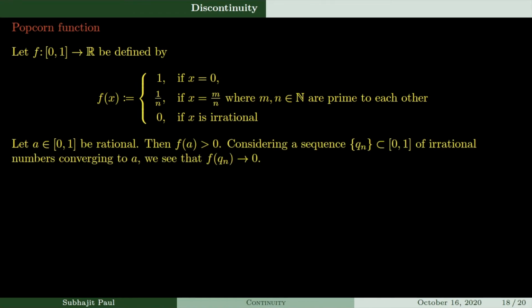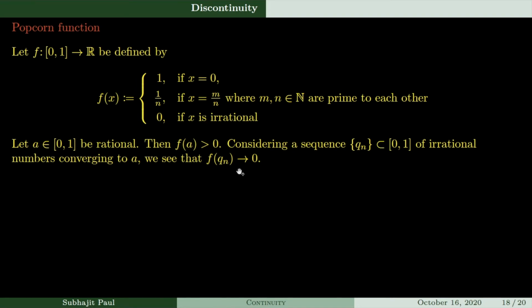Considering a sequence of irrational numbers q_n converging to a, we see that f(q_n) tends to 0, because q_n is an irrational point, so f(q_n) is always 0. Think of it in this way: you have the corn and the sand particles mixed together. Then you can approach any corn particle through the sand particles. After it heats up, the functional value at the rational point is at some positive height, because the corn has popped to a positive height.